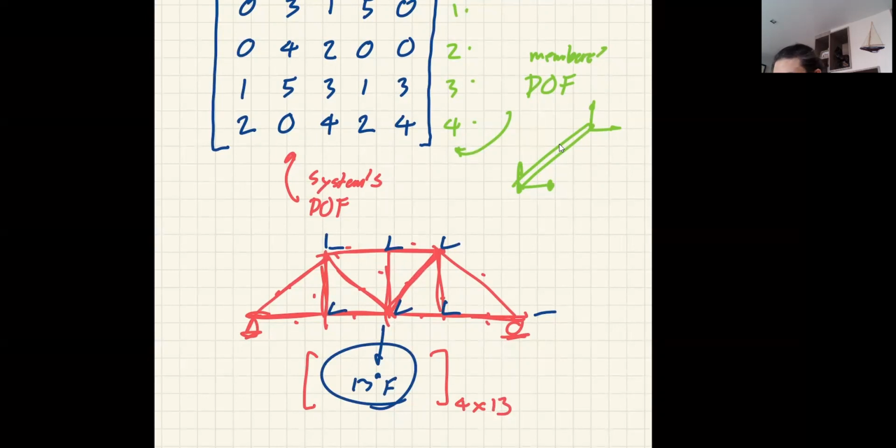So let me change that so that you see the difference. Yeah, no, it has to be the same. The number of degrees of freedom has to be the same. So it doesn't matter what you change. Okay.